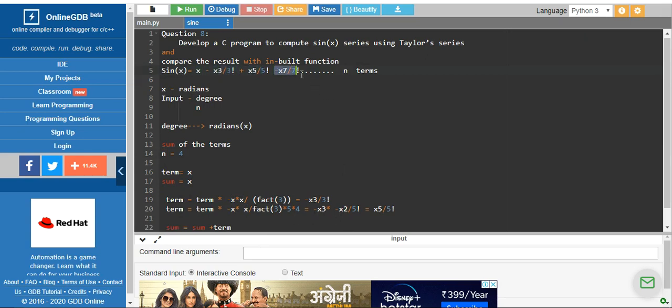So till this part, that is till 7th factorial, you will be performing this operation. Please do not consider that n is equal to 4 means it will be in a different way. The calculation of term will be done from the second term, so the loop will start exactly from the second term, that is when it is 3 factorial.